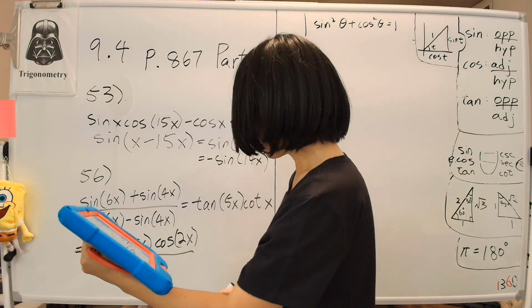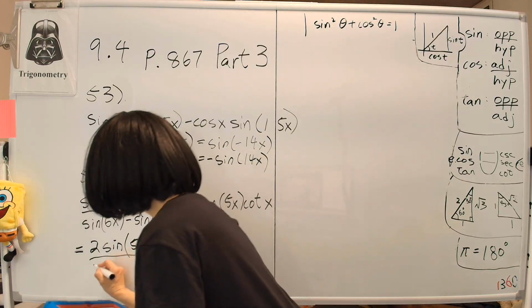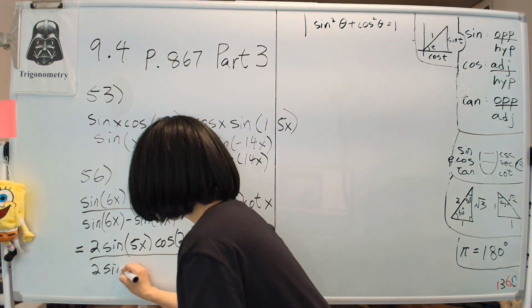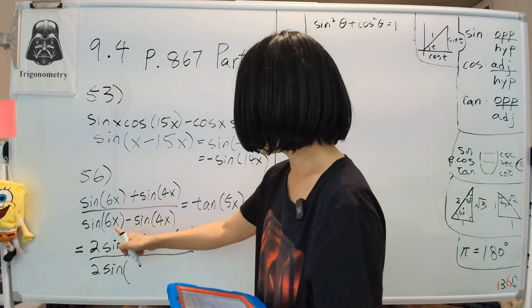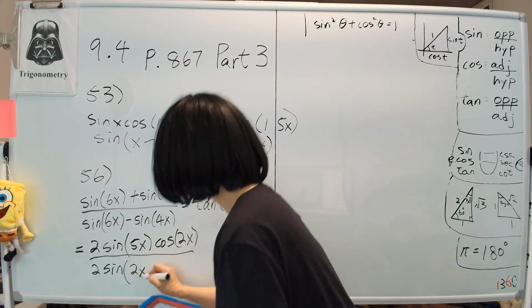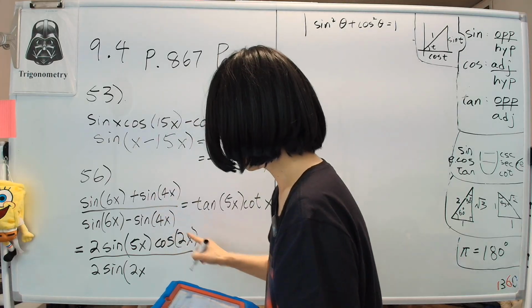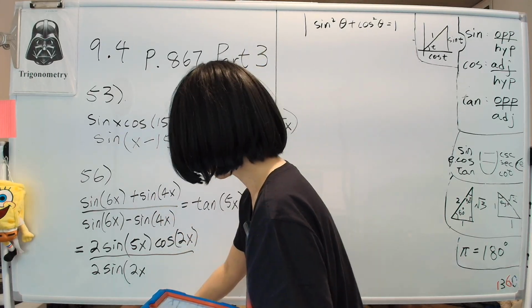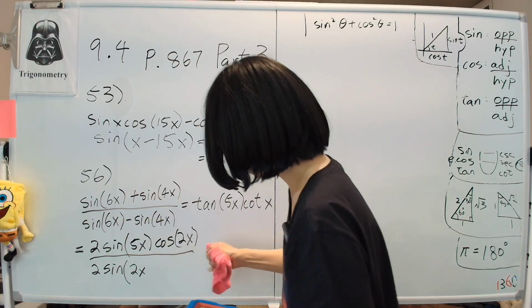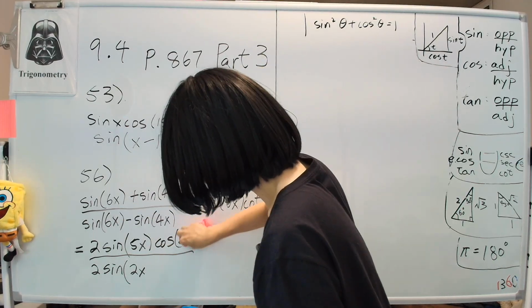That would be 2 times sine of the difference, 6 minus 4, that's 2x. And then divide by 2. Did I divide by 2 here? No, I did not. Because 6 minus 4 is 2, better not forget to divide by 2.